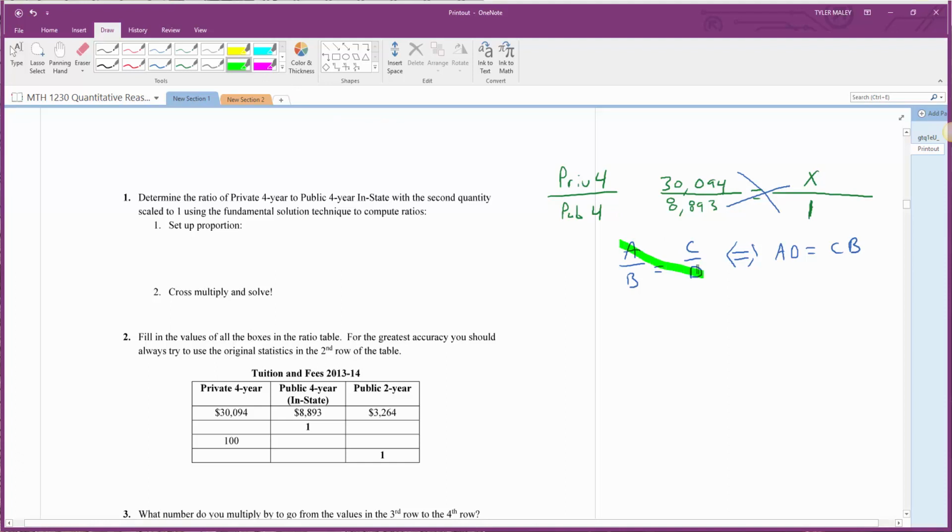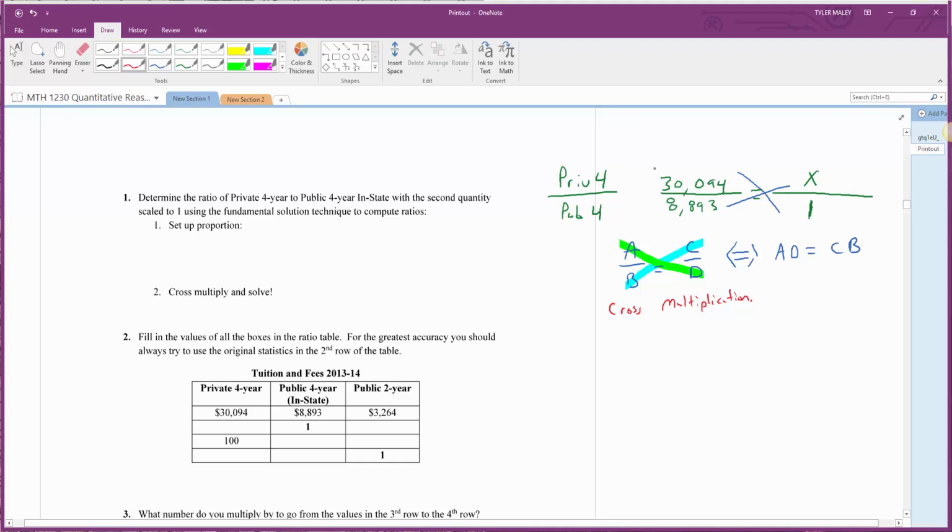I multiply this way, and then I multiply the other way and set them equal. That's cross multiplication. I won't spend time proving that to you, but it's important to understand how and why it works. I'm sure you've done this a lot.